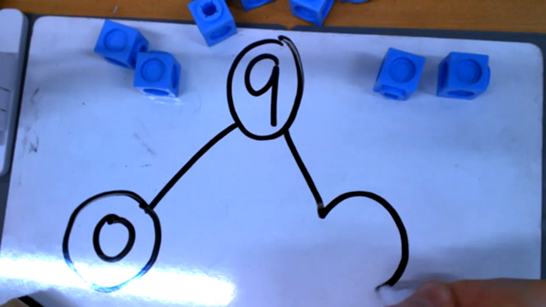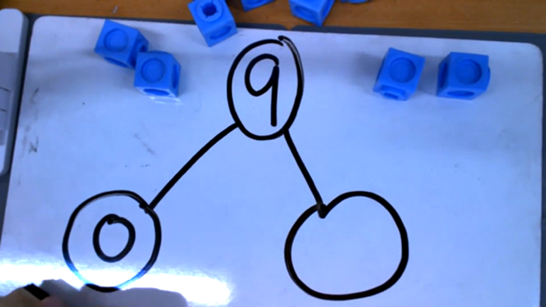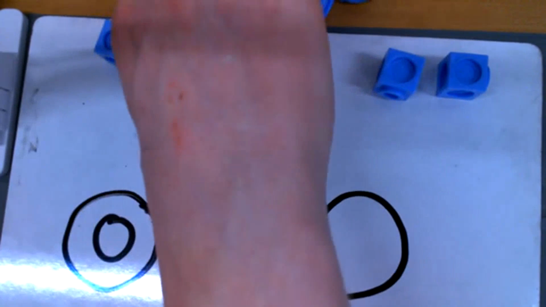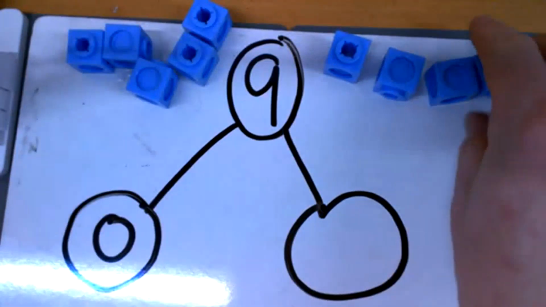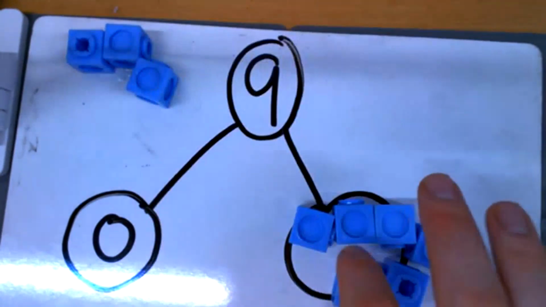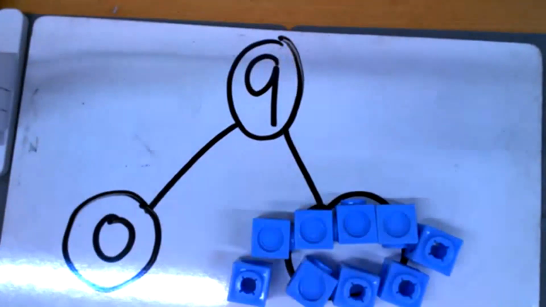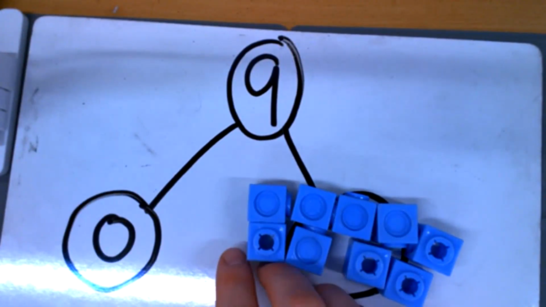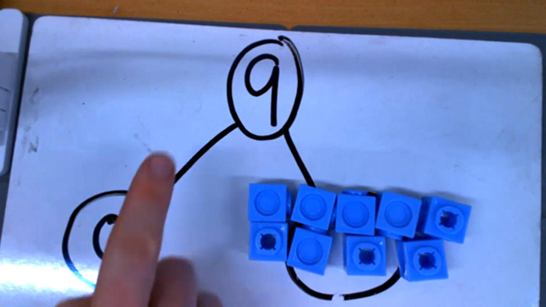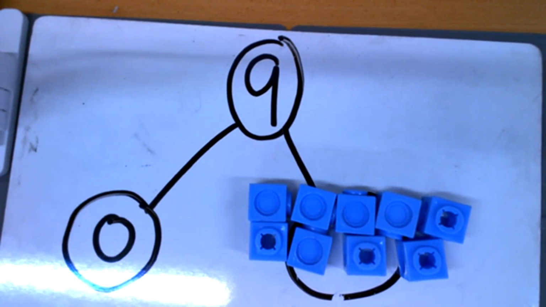How many have I got over here? So I can't put any in here. So all of these cubes I've got up here need to go into the other part. Let's go. 1, 2, 3, 4, 5, 6, 7, 8, 9. So we have got 0 and 9 makes 9.